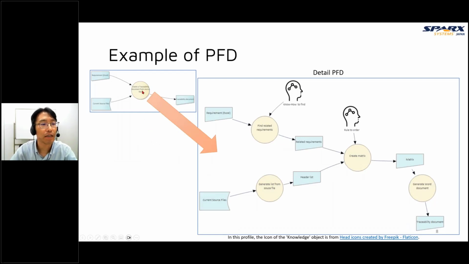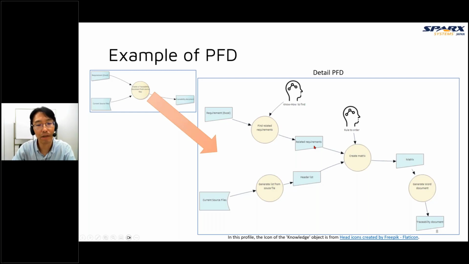About this process, we can create one more process flow diagram to show detail. In this case, there are four internal processes and some internal intermediate artifacts, documents, or information. So we can create more process flow diagrams to describe in detail.